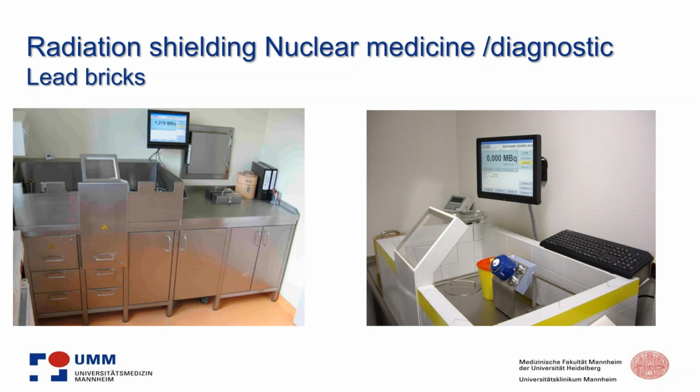Again, to have this in mind, you see here the typical situation for preparing these isotopes before the injection to the patient, and you see these lead bricks, and these lead bricks have, let's say, an estimated thickness of 3, 4, 5 centimeters.